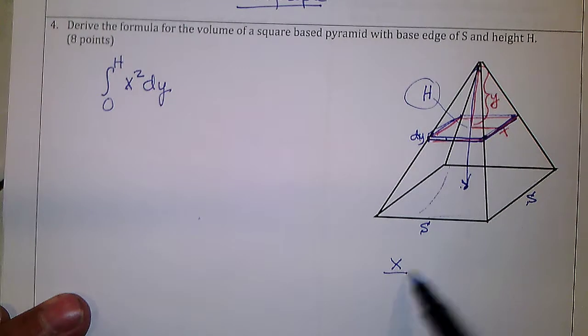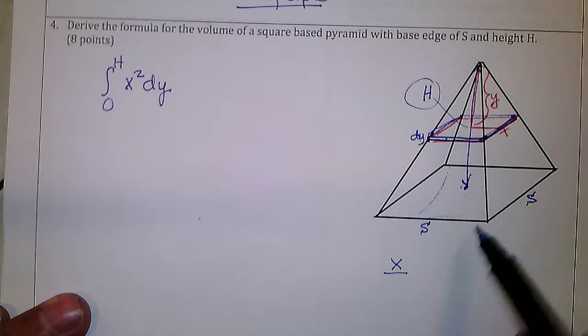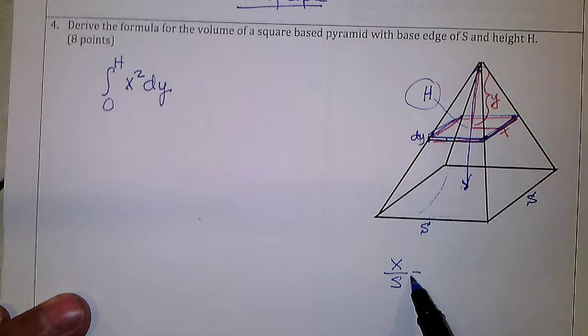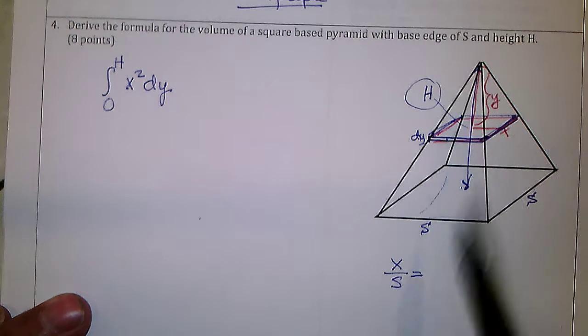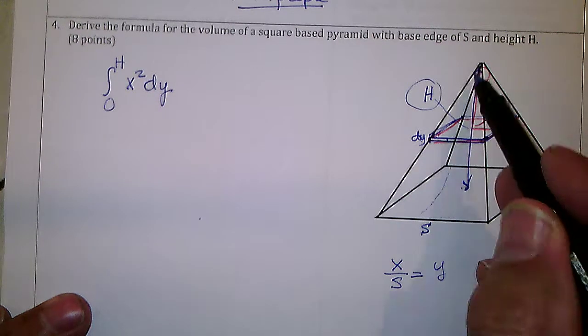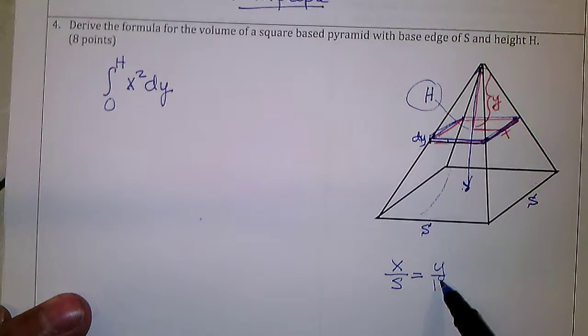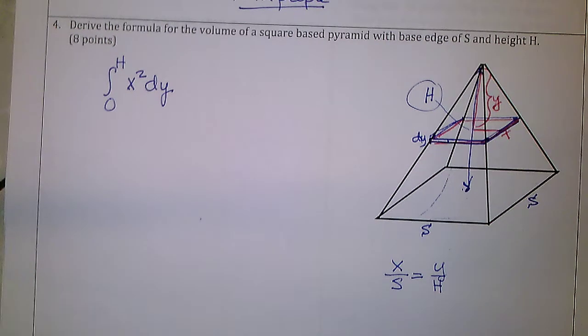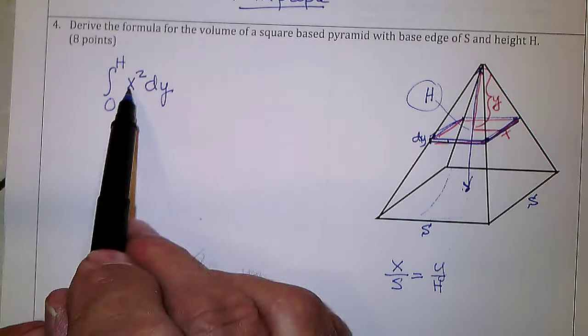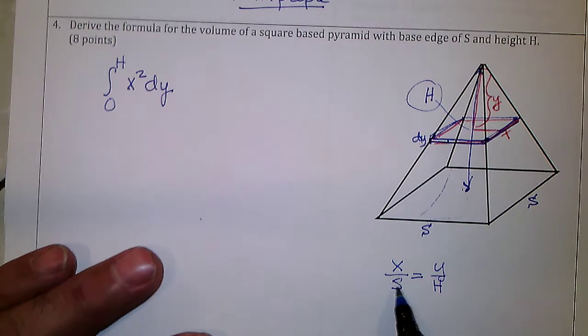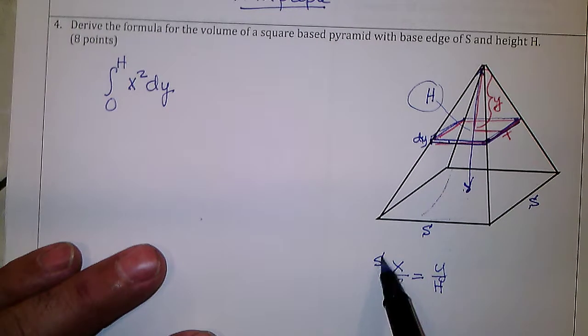So x, this distance here, which I want to solve for, I'm going to start with it. X is to s as y is to h. I want to replace the x, so I solve for the x by multiplying by s.